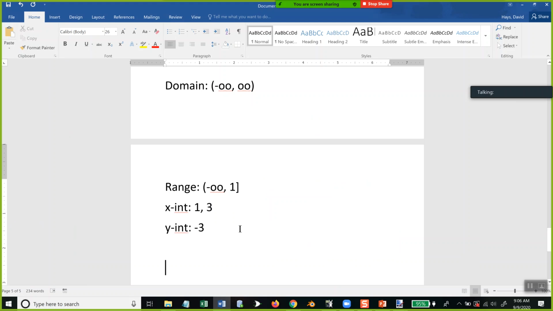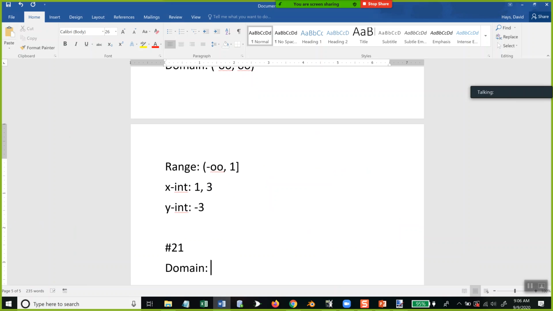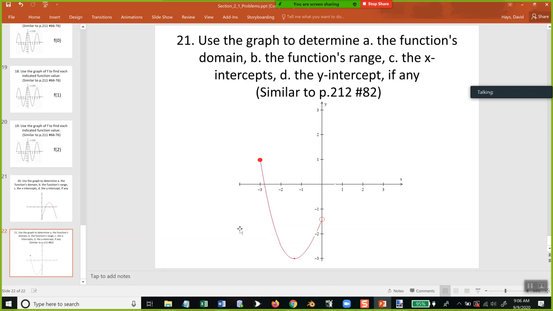Now in terms of this one, again, our domain is where our graph exists x value-wise. Now this solid dot here and this open dot here means it ends. It doesn't keep going forever. So this is my leftmost point right here. And if I can come straight down to my x-axis, that's -3.